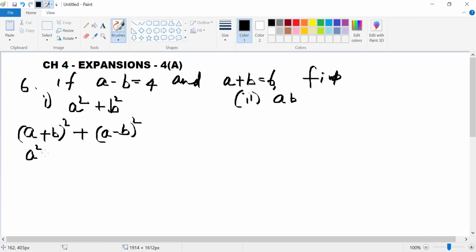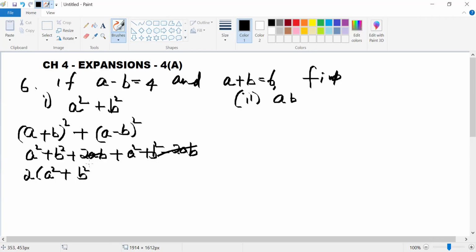A square plus B square plus 2AB, and here A square plus B square minus 2AB. So plus 2AB minus 2AB get cancelled. You will get 2 into A square plus B square. So if you divide by 2, you will get A square plus B square alone.